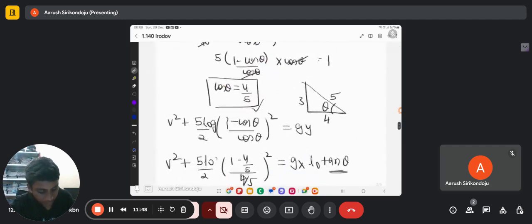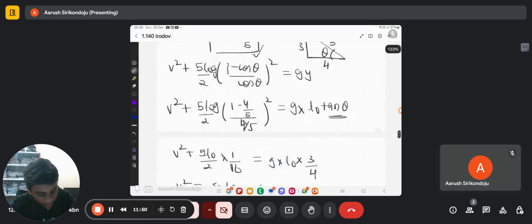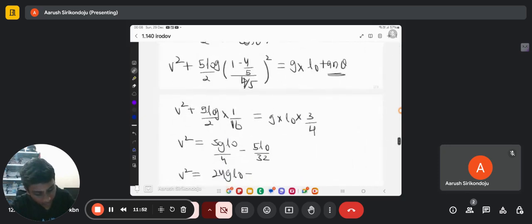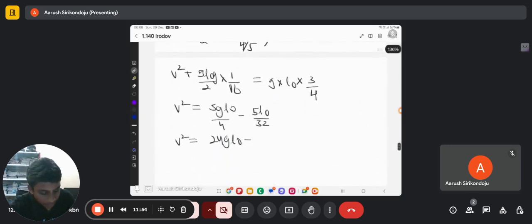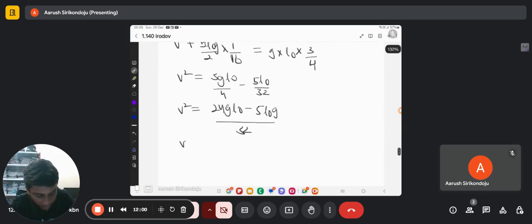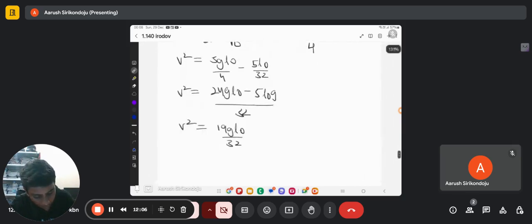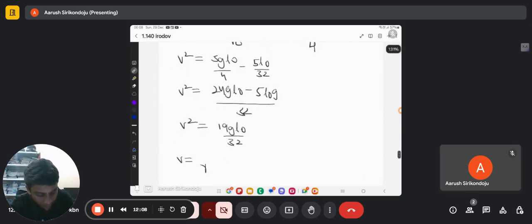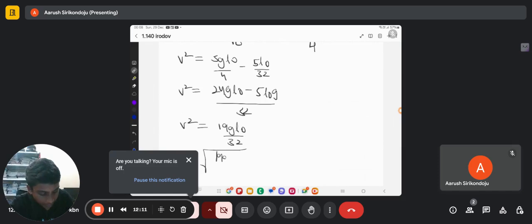Yes, there should be a G. Minus 5 L naught G upon 32. Hence V square equals to 19G L naught upon 32, then V is equals to root of 19G L naught by 32. Right? This is our answer.